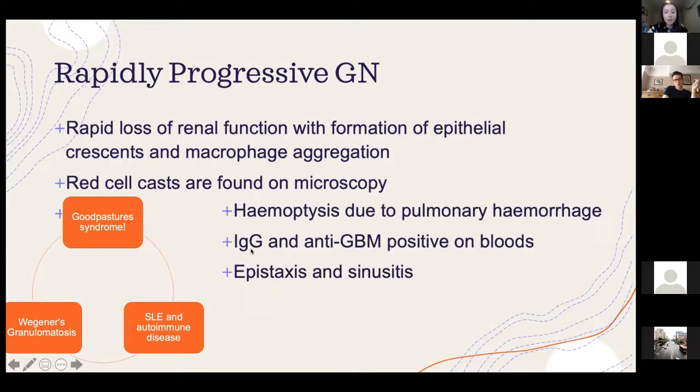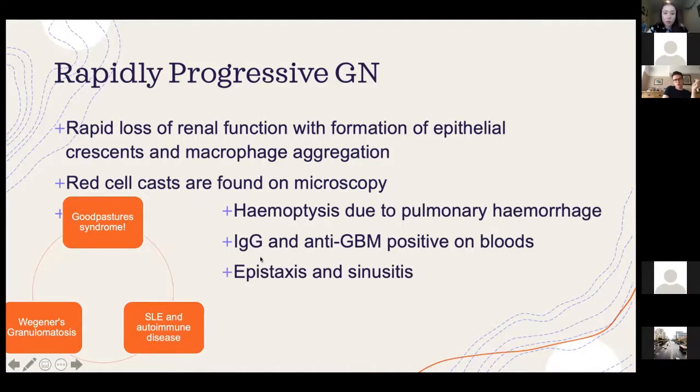The main clinical features you'll find are massive amounts of hemoptysis, due to pulmonary hemorrhage, in Goodpasture's syndrome, and therefore they'd have anti-GBM positive on their autoimmune screen. That's why the autoimmune screen in nephrotic and nephritic syndromes is so important, because this can really tell you what might be going on.